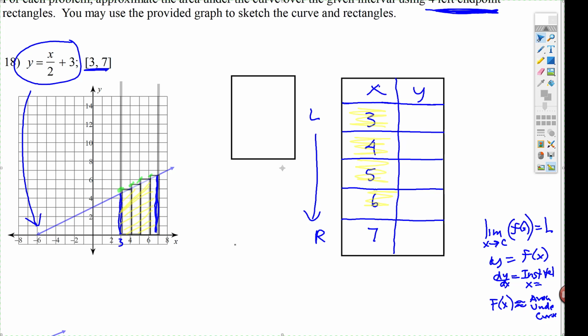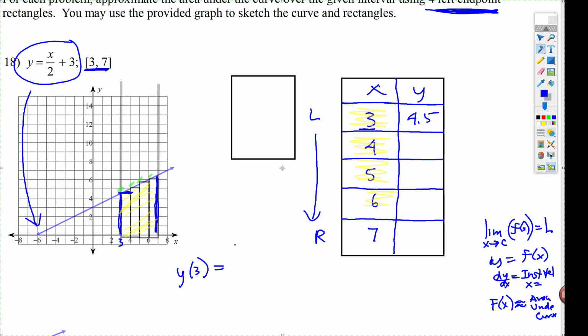And actually, I didn't draw this very well. So you plug y of 3 into the function. So 3 divided by 2 is 3 halves, or 1.5, plus 3 is the height of 4.5. I didn't draw that well, or I just went up a little bit too far.